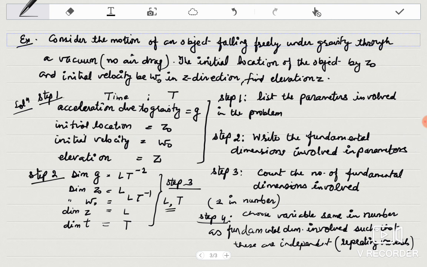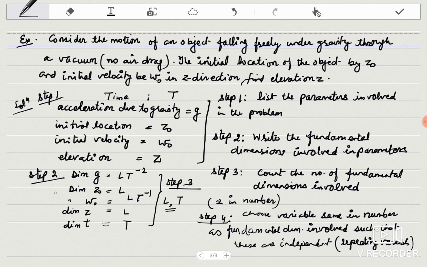Three types of similarities: geometrical similarity, kinematical similarity, and dynamical similarity. So when we choose the repeating variables, the variables should belong to different categories. They should not belong to the same category. When I have to choose the repeating variables, it is my choice how I choose them.